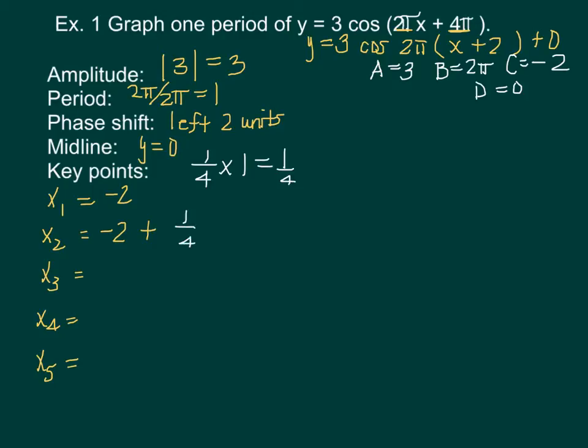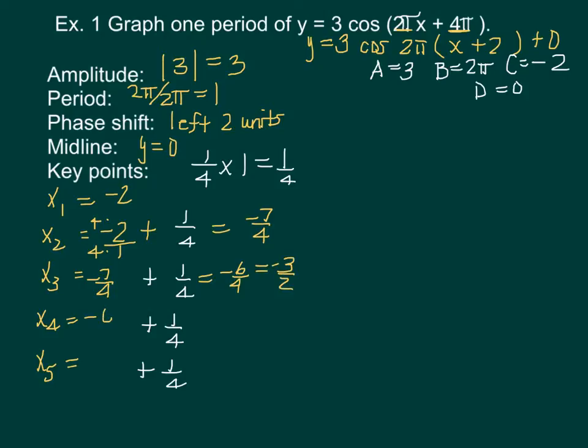We're going to add 1/4 each time to the previous x value. So -2 plus 1/4, you have to get a common denominator. -8/4 plus 1/4 is -7/4. -7/4 plus 1/4 is -6/4, or you can reduce it. -6/4 plus 1/4 is -5/4. -5/4 plus 1/4 is -4/4, which is -1.